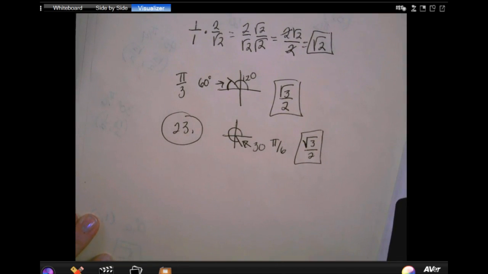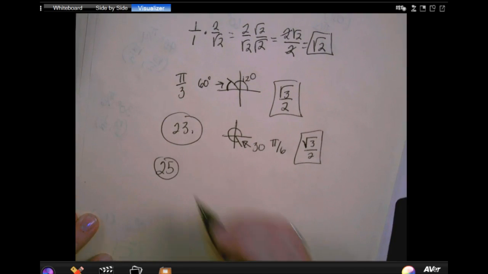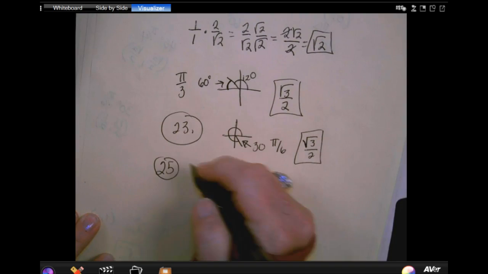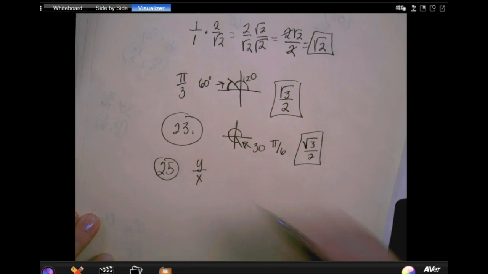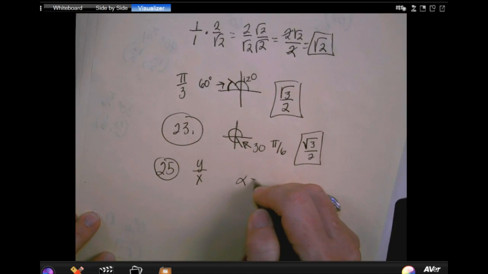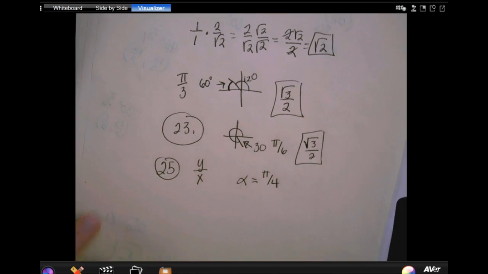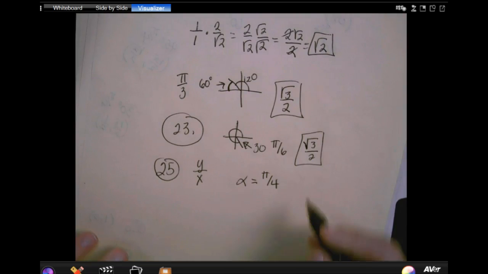We'd already done 24. 25 is tangent. So I know tangent is y over x, right? So what's my reference angle on 25? Pi over 4, which means the y value is square root of 2 over 2, and the x value is square root of 2 over 2.